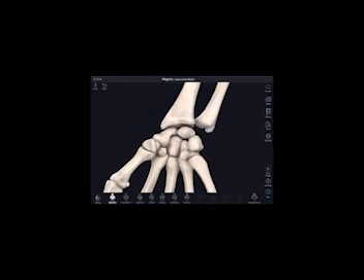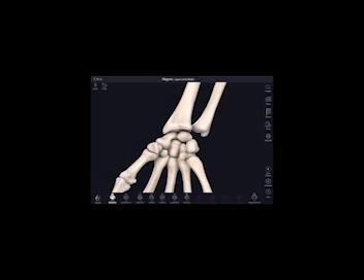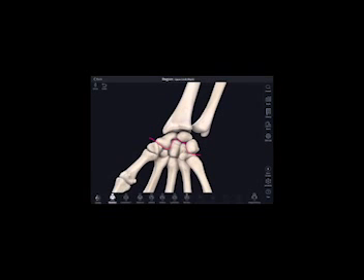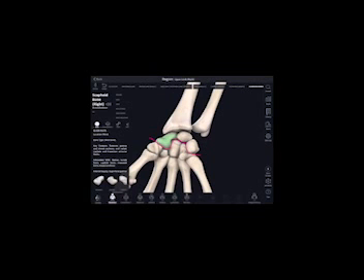Okay, right here. So we have a total of 8 carpal bones, and they're usually divided into the proximal row and the distal row. The proximal row is these 4 bones. So let's go over each one of them. The first one right here is the scaphoid.